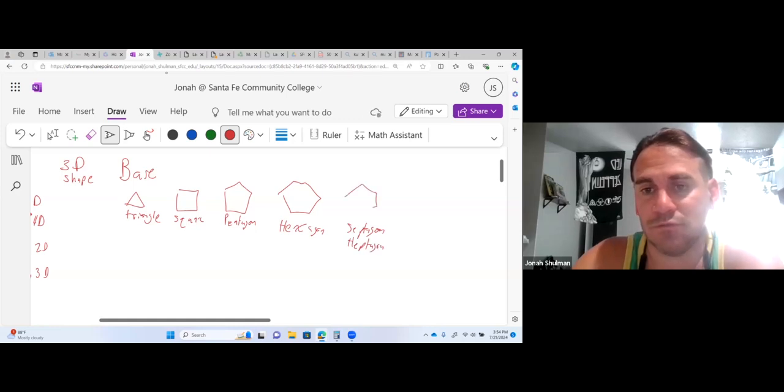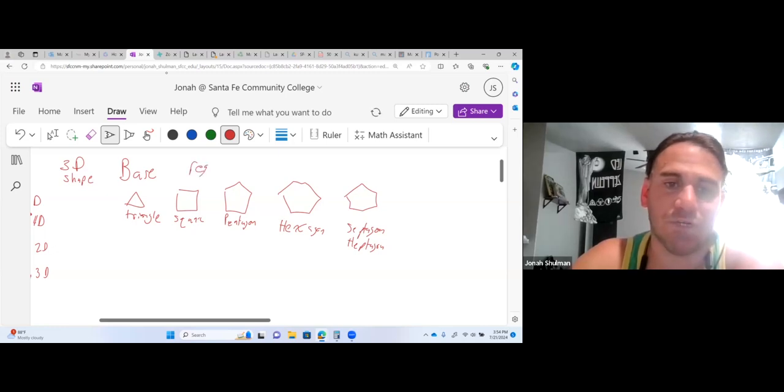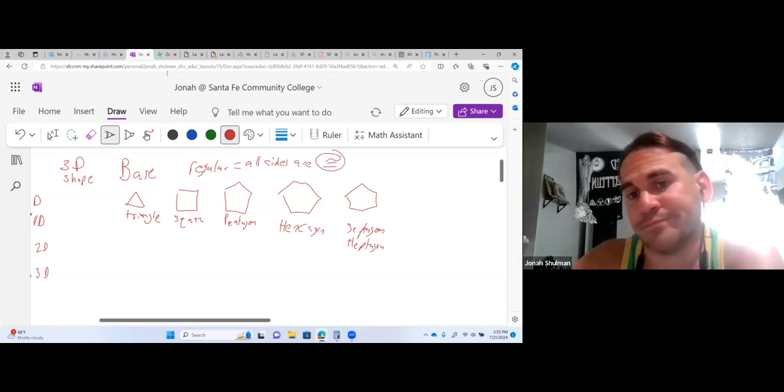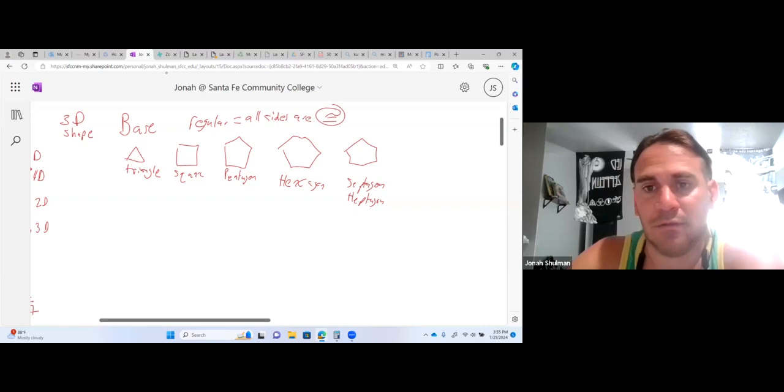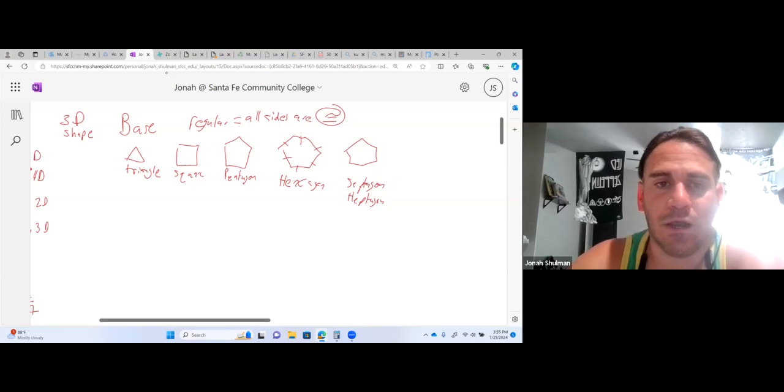1, 2, 3, 4, 5, 6, 7. So I'm trying to make these as regular as I can. When they say regular, that means all sides are congruent. That's equal in size and shape. Octagon. So these should all be like the same size. And these are little hash marks that show how congruent they are.